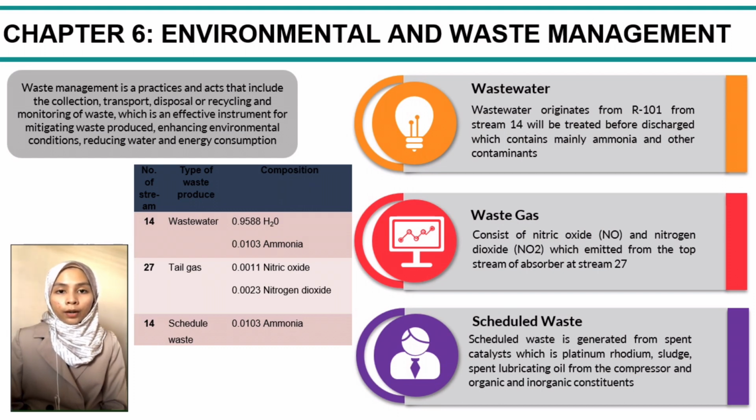Meanwhile, waste gas is emitted from the top stream of the absorber, which is stream 27, and consists of nitric oxide and nitrogen dioxide. And lastly, scheduled waste is generated from the spent catalyst used, which is platinum rhodium catalyst, spent lubricating oil from the compressor, and other inorganic and organic constituents.